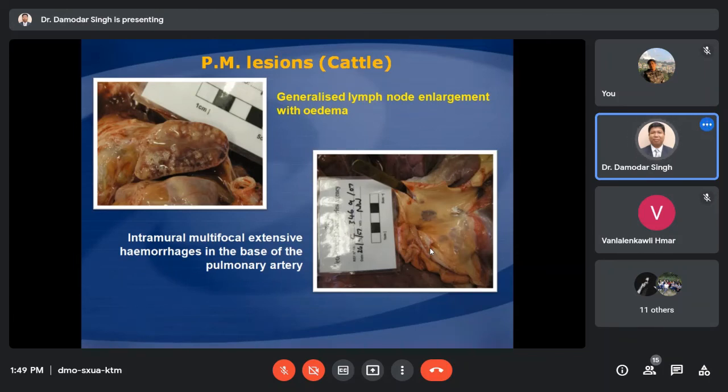Okay, and one similar PM finding, which is also very important when you conduct the post-mortem examination, is one of the most important lesions to be noted for this disease: multifocal hemorrhagic lesions at the base of the pulmonary artery, in sheep as well as cattle. So that is important, right?